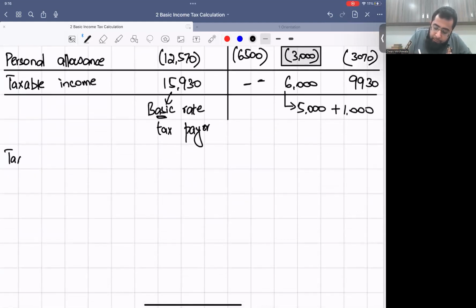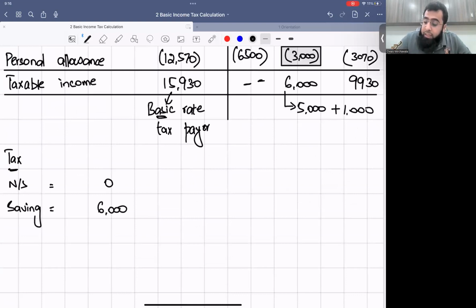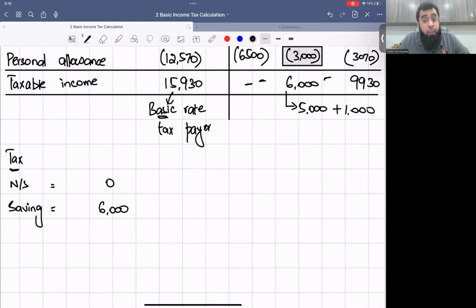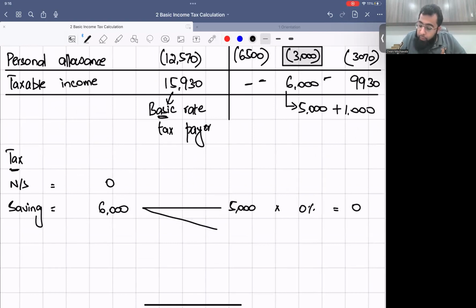So tax. Non-saving has fallen to 0. Saving, we intentionally capped it at 6,000. We didn't waste our personal allowance. First 5,000 goes at 0%, so it's 0. And the remaining 1,000, since we are a basic rate taxpayer, also goes at 0%.